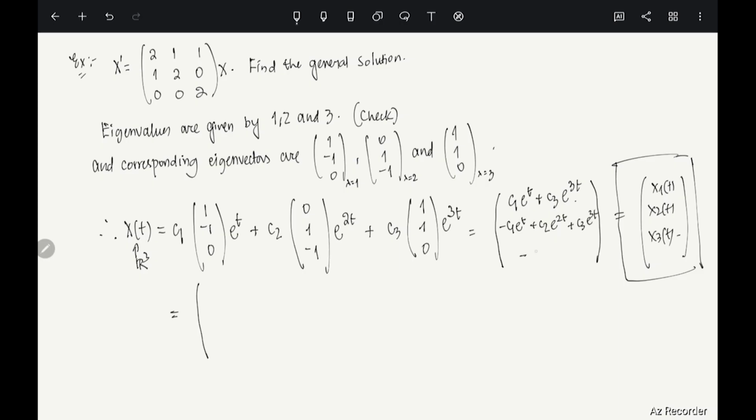Clear? And similarly, the third expression is minus c2 times e to the power 2t. Yes, that's what we have.